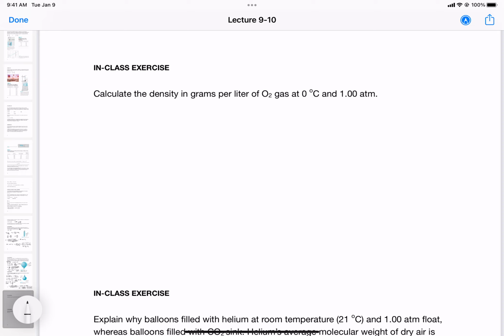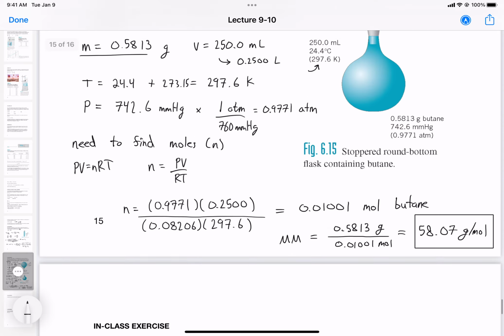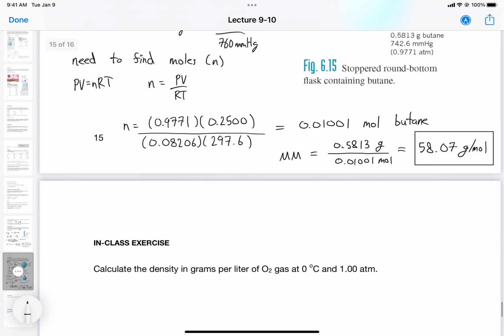So the other way you could do this, I want to go back a little bit here. For this problem up here, you can also solve it a little bit differently, and we could rearrange the PV equals nRT equation. We could rearrange it to solve for molar mass directly, actually. So we know n equals mass over molar mass, so you can substitute this in for n here.